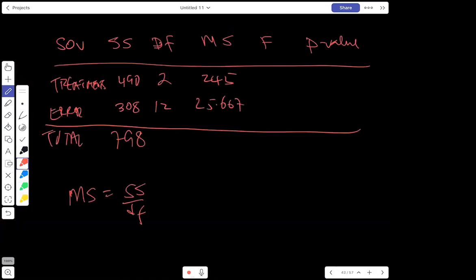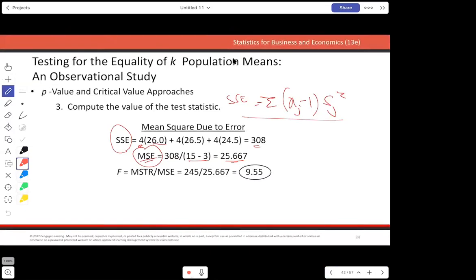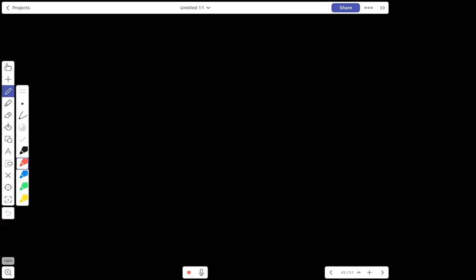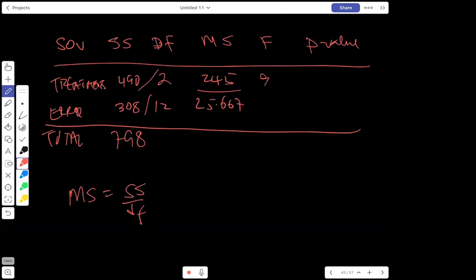Now to get the F value, you must divide the 245 by 25.667, which is 9.55. You could use your calculator.